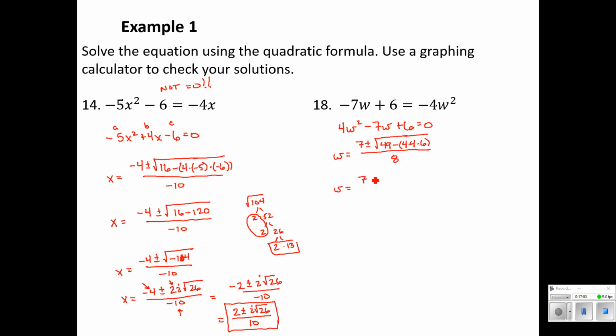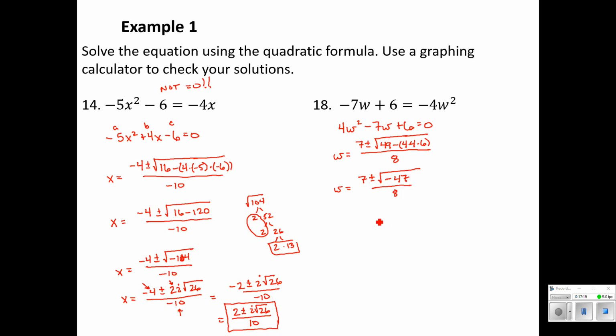W equals then 7 plus or minus the square root of 4 times 4 is 16 times 6 is 96. So 49 minus 96 gives us a negative 47 all over 8.